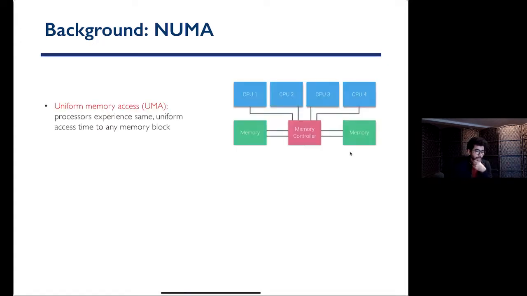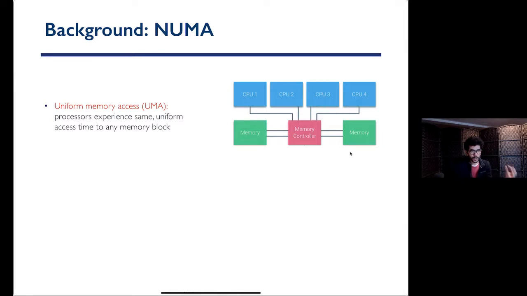research. The other aspect of multiprocessors that makes scheduling them and basically managing resources in them hard is the non-uniform memory accesses that exist in multiprocessors. So what is that? With uniform memory access, or UMA, you have a single memory controller that is connected to all your CPUs and connected to all your memory banks.